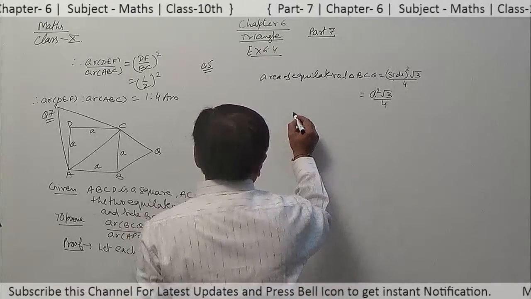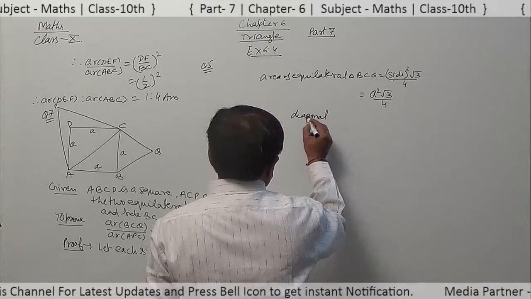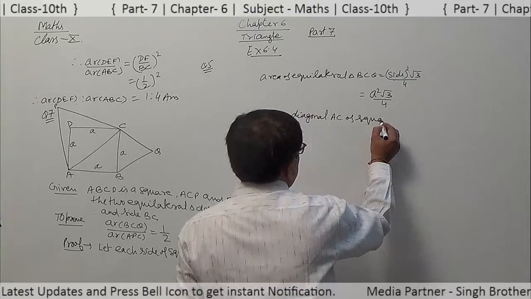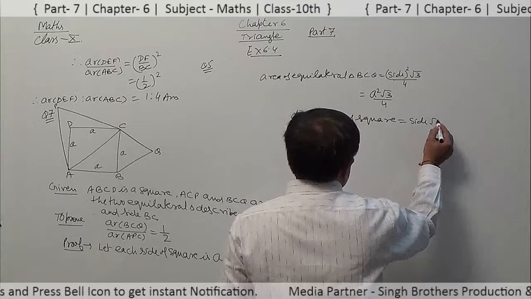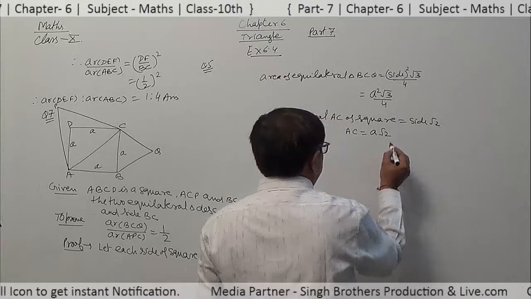Diagonal AC of a square is side root 2, so AC is a root 2.